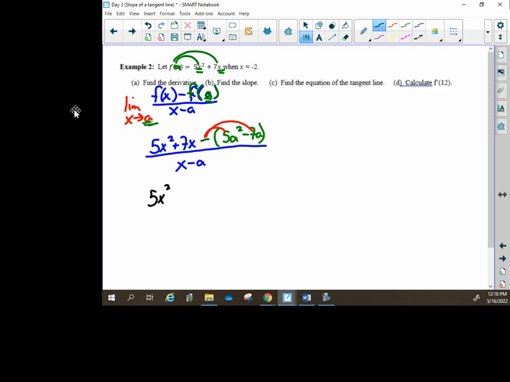We have 5x squared plus 7x minus 5a squared plus 7a, and that's all over x minus a.